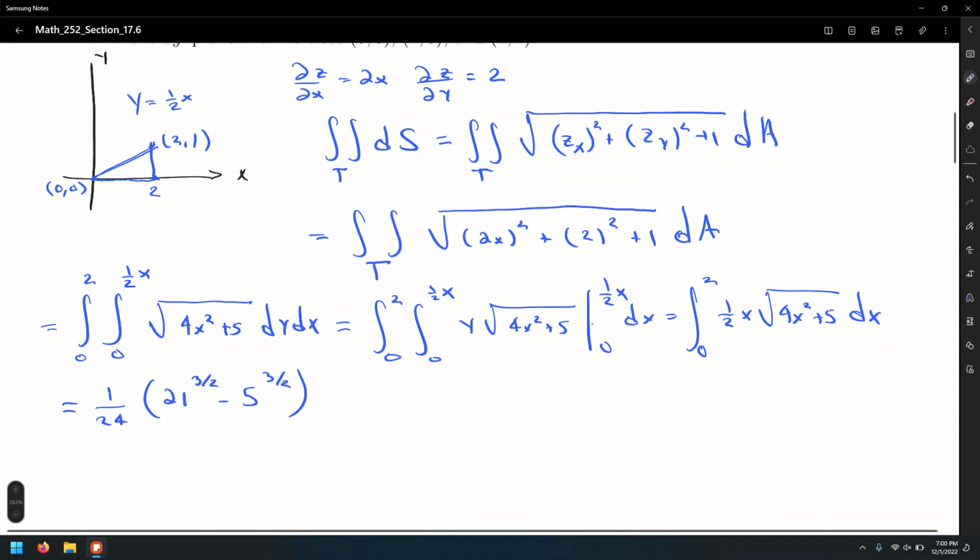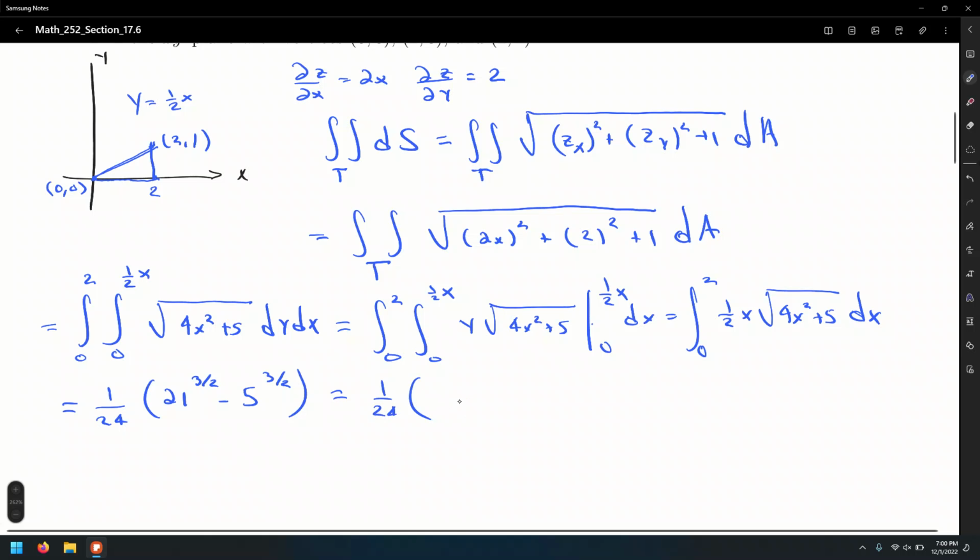I think I have discussed numbers like this before, in which the denominator of the rational exponent essentially tells us the index of the radical. If we change this back to radical notation, we wouldn't be able to compute perfect squares because neither 21 nor 5 is a perfect square. And just in case my MATLAB doesn't accept rational exponents as final answers, I'm going to go back to radicals for a second.